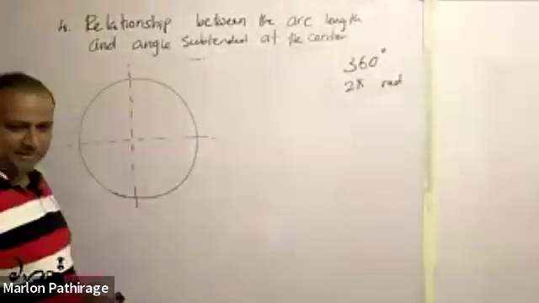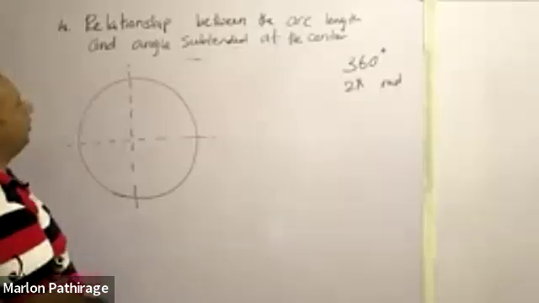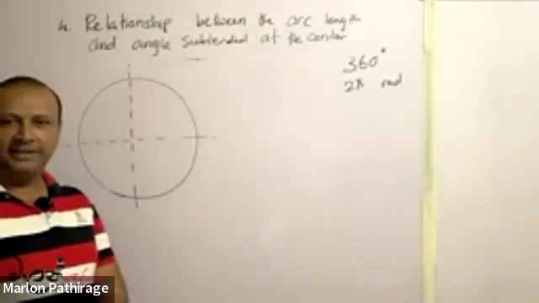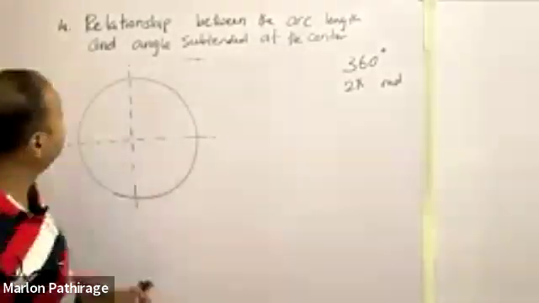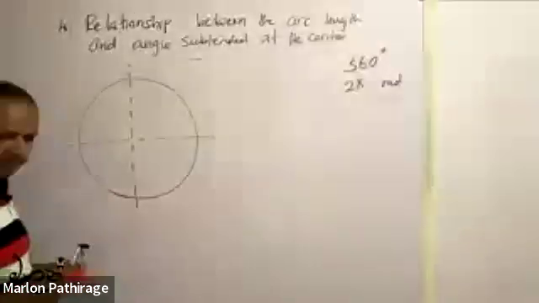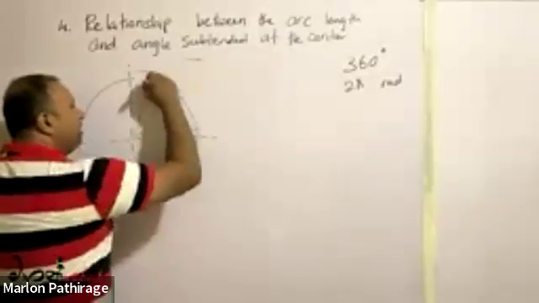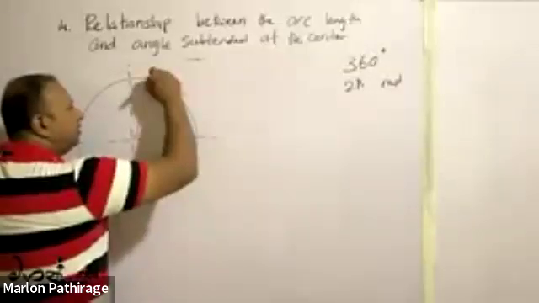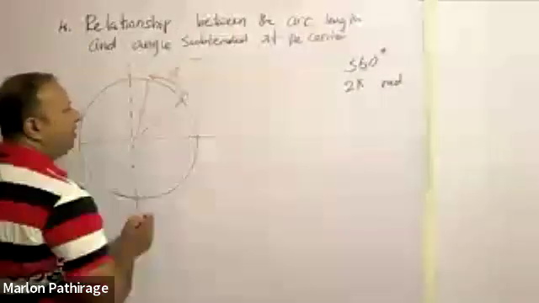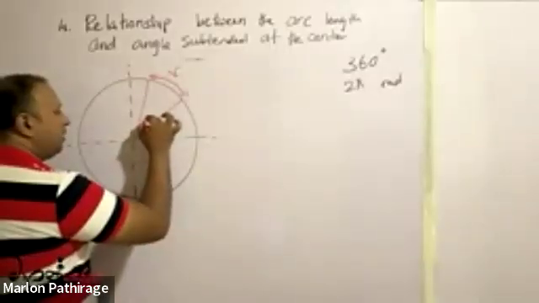Anyway, now we are going to build a relationship between the arc length, the radius and the subtended angle at the center. If we consider one radius length of arc, the subtended angle is 1 radian.